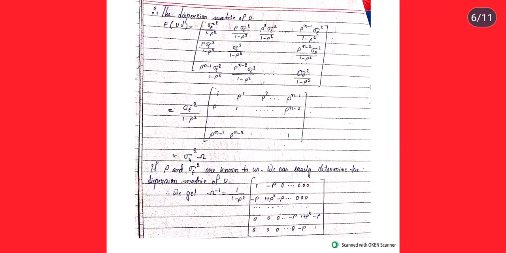Now find out the dispersion matrix of u, that is the expected value of u u prime. It is equal to, all the variance terms are the same, but the covariance terms are different.